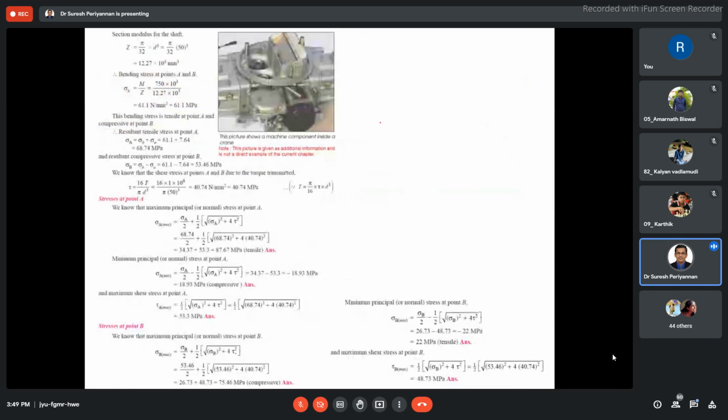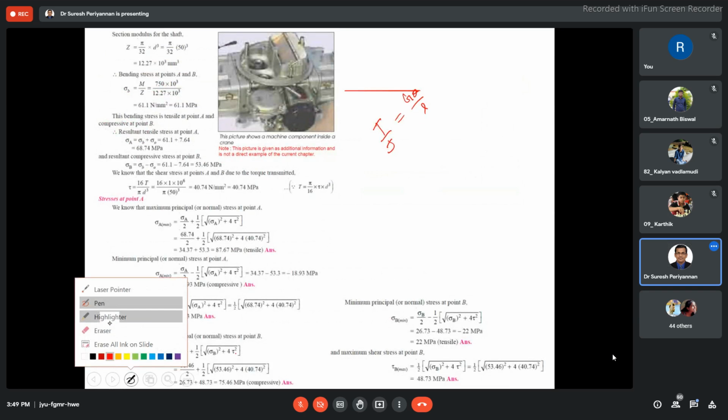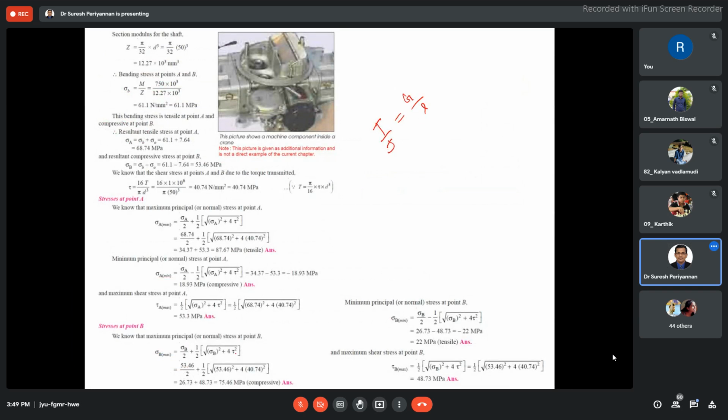T by J, G theta by L, tau by R. These two relations, you take them, you can get this formula: tau is equal to 16 T by pi d cube.